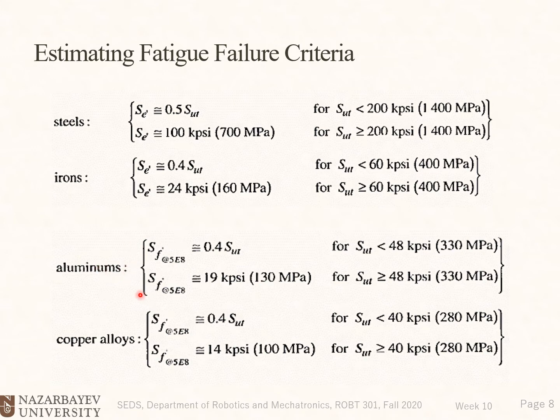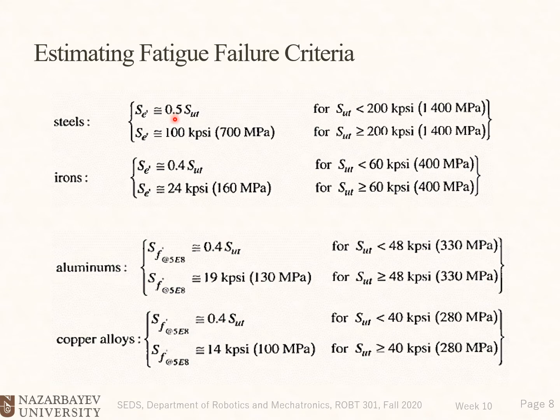So for the sake of estimation or finding the SN diagram, theoretically, we could find uncorrected fatigue strengths at 500 million cycle, or 5 multiplied by 10 to the power of 8, which is 500 million cycle. And when the ultimate tensile strength is less than 48 kilo psi or 330 megapascal, then it is equal to 0.4 SUT, or 40% of SUT.